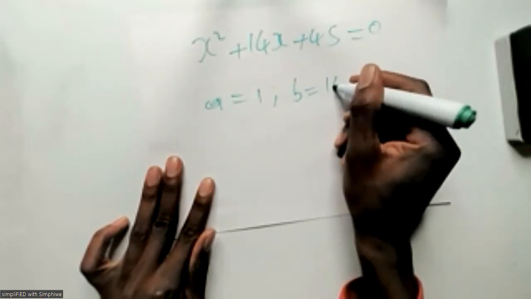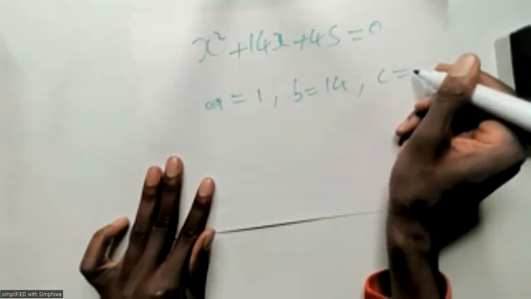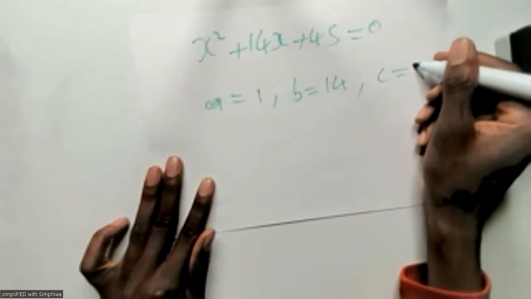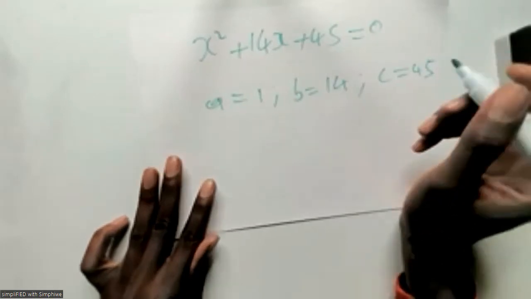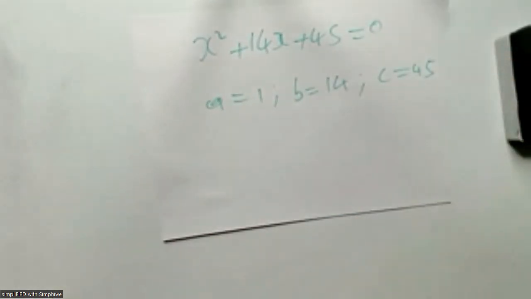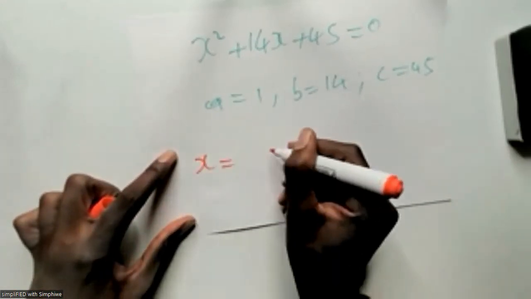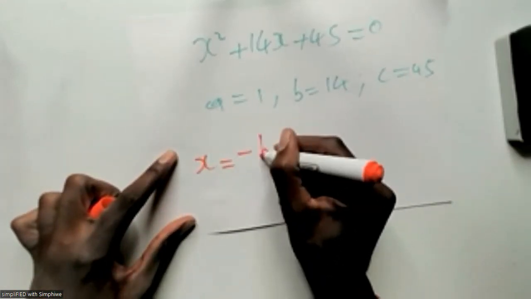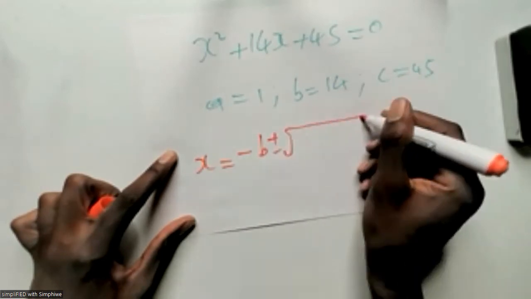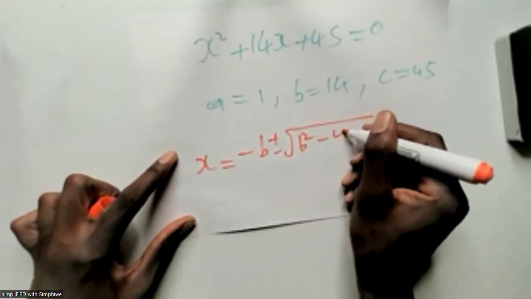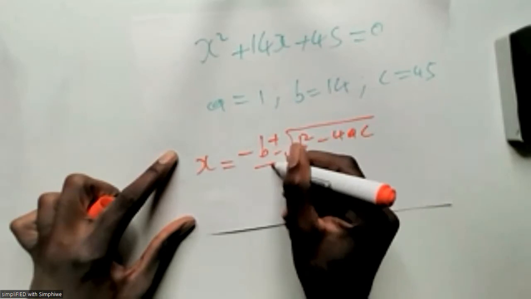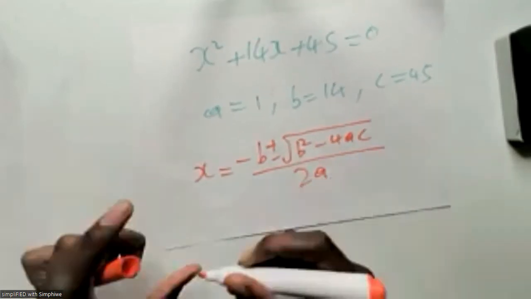Here we can see exactly that our a will be 1, b 14, and c is equals to 45. Now you're gonna do the calculator part yourself here, but let me just show you how we're gonna substitute it.